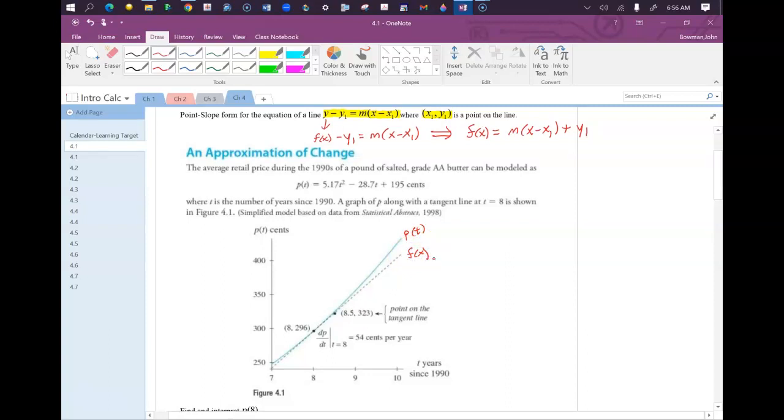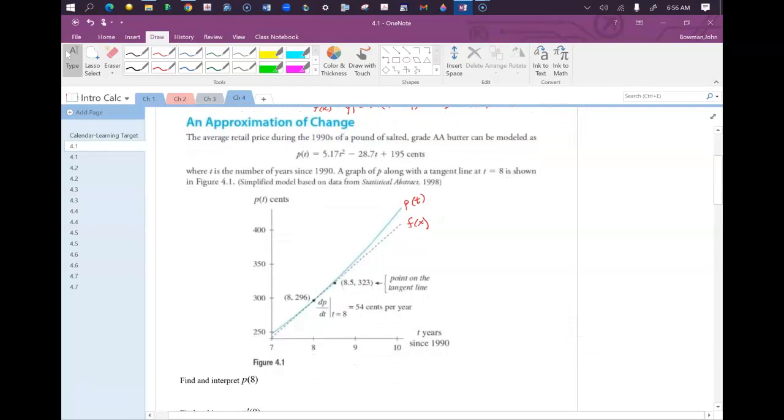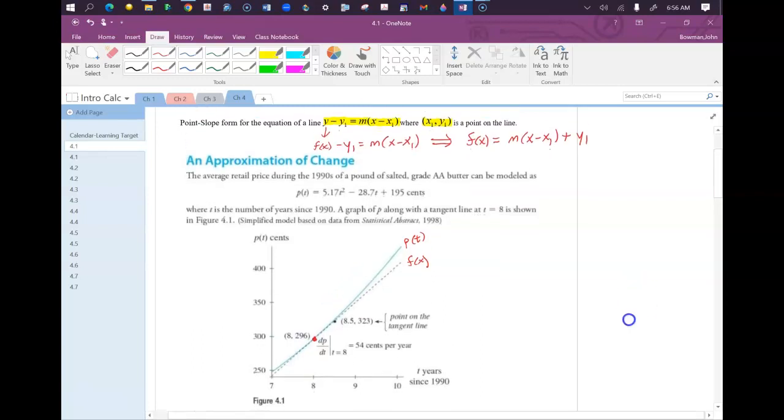What we're going to do is pick a point on both the curve and the line. That's the point of tangency that I highlighted in red. We're going to find the value of the derivative, which gives us the slope in that f of x equation, so that'll give us m. And then we have the point of tangency, so we'll have x1 and y1.